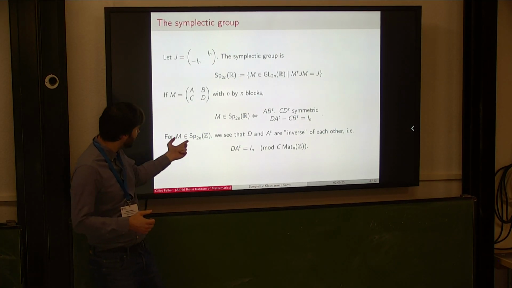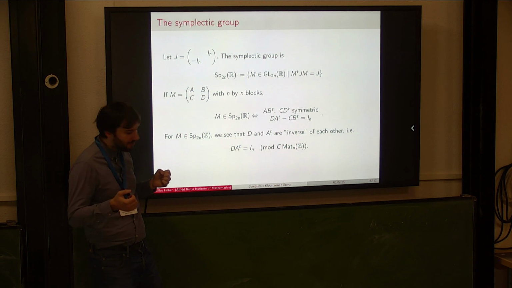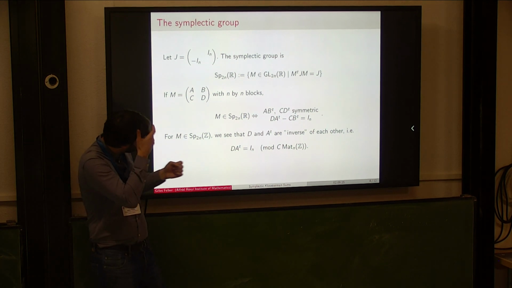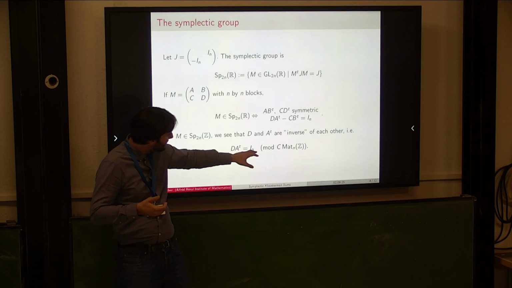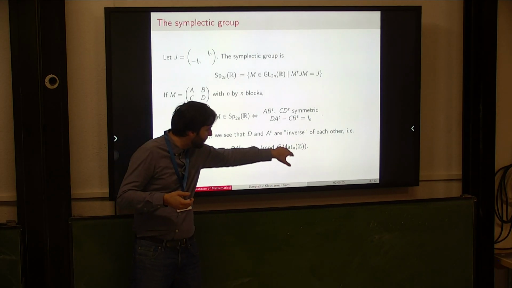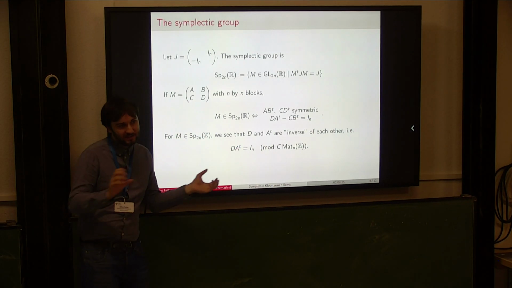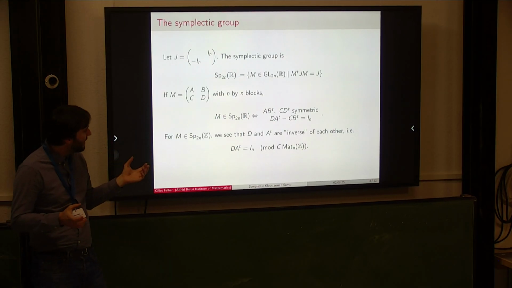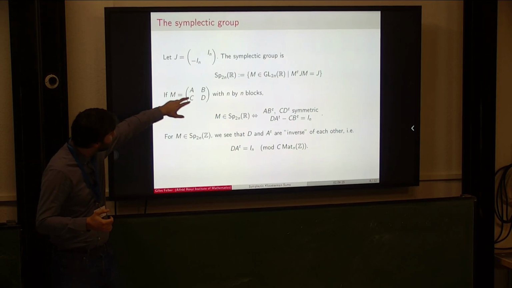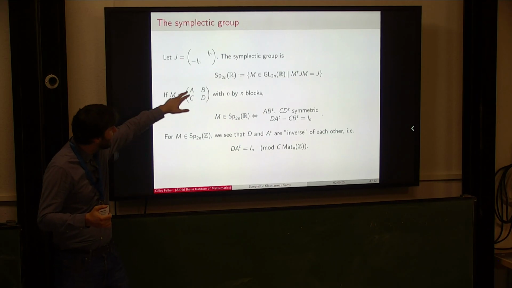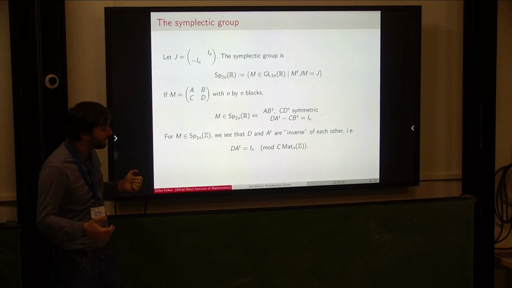In particular, if you take M with integral coefficients, then D A transpose is equal to the identity mod C times some matrix. So we could say that D and A transpose are inverses of each other when you have a symplectic matrix with integral coefficients.